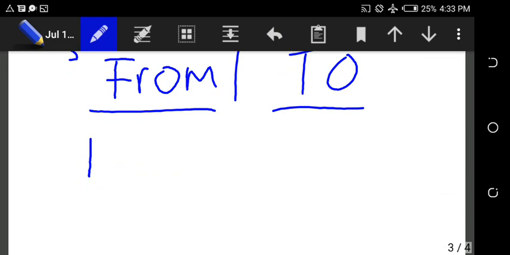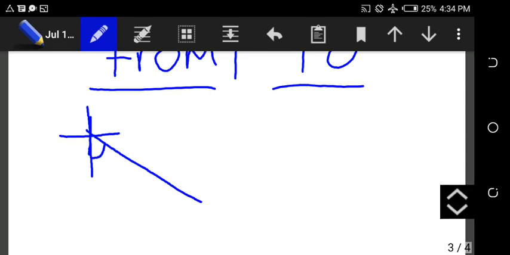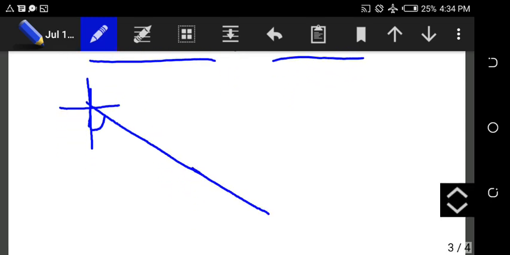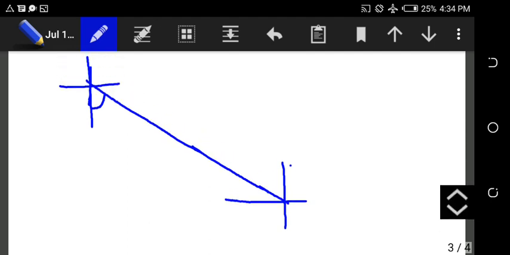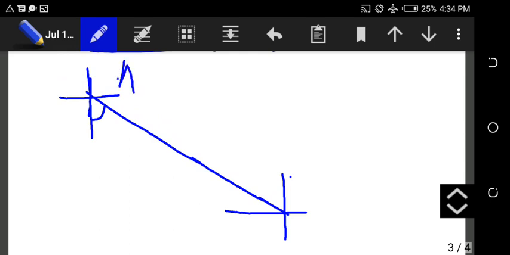Let's say that we have a movement. Okay, so we have this. We have 2 points here, labeled point A and point B.